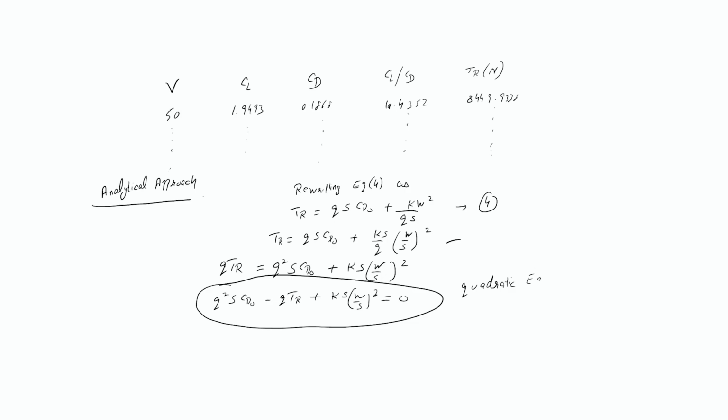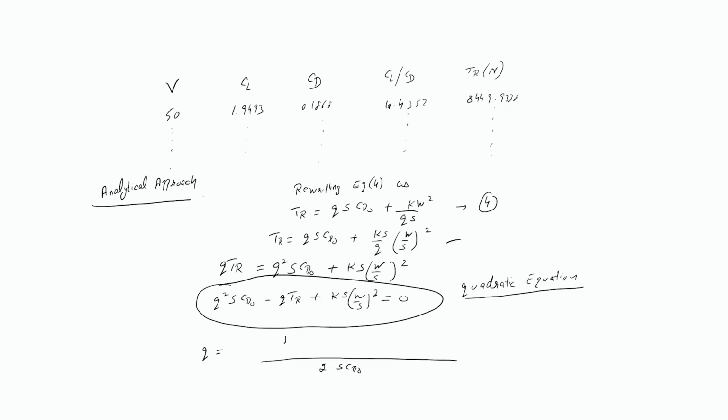This is actually a quadratic equation. We can easily find, we will get two values of Q. So let us go ahead and find the two values of Q. Q equals, the denominator will be 2 into S CD naught, that is 2 into A. And here we'll have minus B plus or minus square root of B square minus 4AC.